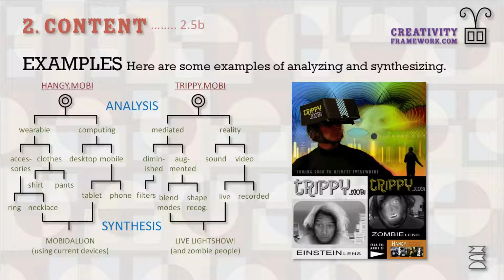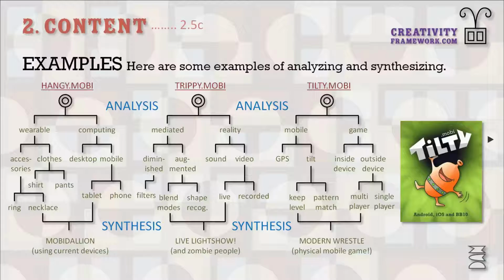How I created Trippy, which is putting this in a shoebox. And that was pre-Google Cardboard. And that is, again, analysis and synthesis using our hierarchies. How I made Tilty, a mobile app that uses a device but is in the physical world. The fantastic opportunities in creation just from simple workings inside of hierarchies.